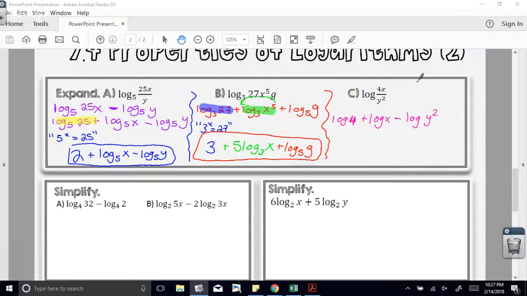And this one's almost done. The only thing we've got to check for is if we have this exponent here. So this 2 can now go out in front. So my final answer is log of 4 plus the log of x minus 2 log of y.